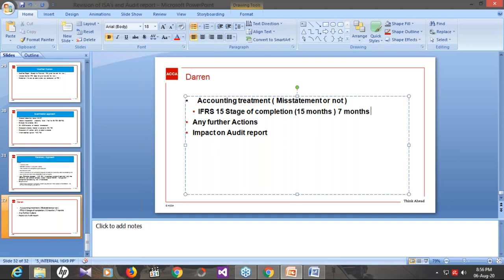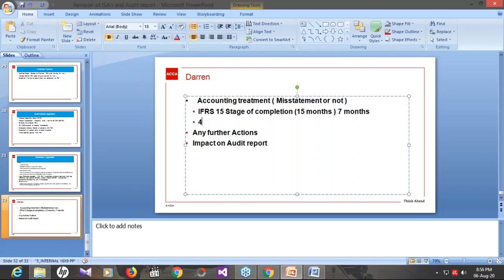We can see that 7 months are completed in actual, and the total expected time is 15 months. So we don't need to record the whole 5 million of profit in the financial statements, but just include the profit of 7 divided by 15. If we calculate the percentage, 7 divided by 15 is 47%, for example.